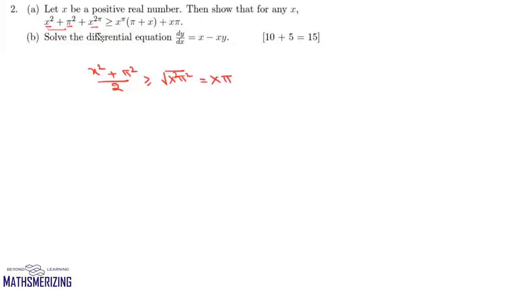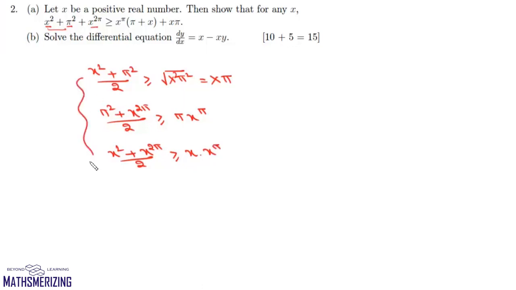Now we take second and third, we can write pi square plus x to the power 2 pi upon 2 will be greater than or equal to pi into x to the power pi, and if we take first and third, we can write x square plus x to the power 2 pi by 2 will be greater than or equal to x into x to the power pi.